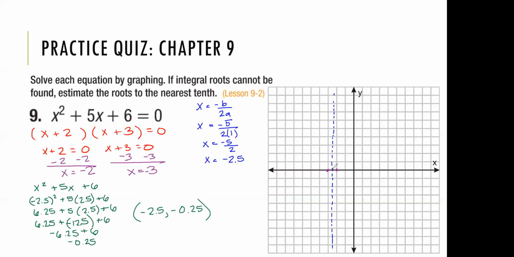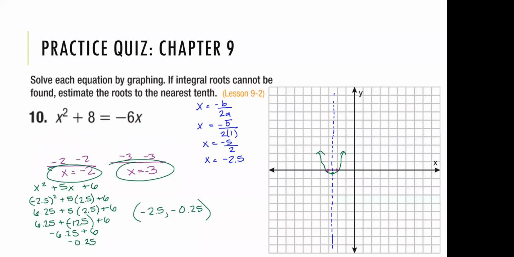So that's negative 2.5, and then y is negative 0.25, so it's about right there. Then I've got my parabola that looks like this, and the roots happen to be exact, right there, because we were able to factor.